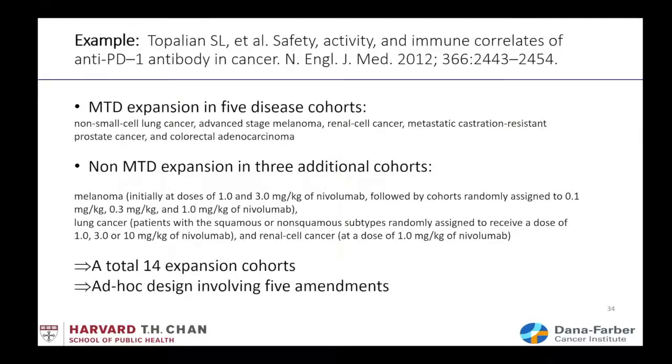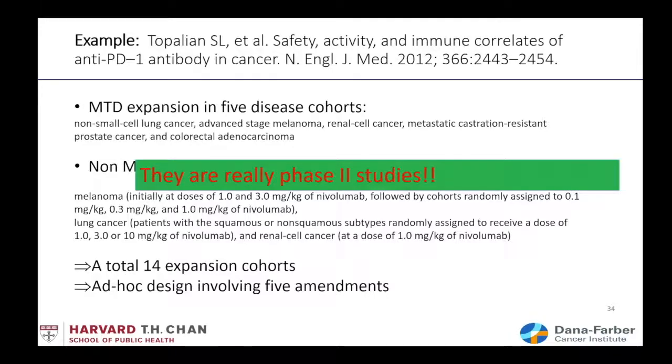You can see those expansion cohorts were not driven by safety, which is the goal of phase 1, but driven by the initial efficacy signals, making them actually phase 2 studies.